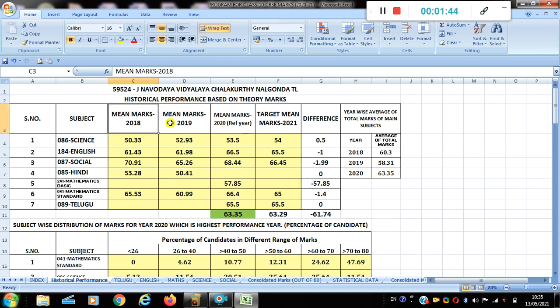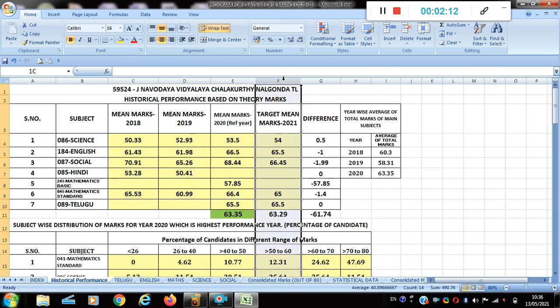In these three columns, I just kept the mean marks of these subjects. Columns F and G are not provided by CBSE. Up to here, this data is provided by CBSE only. From the CBSE server, I brought these numbers here.